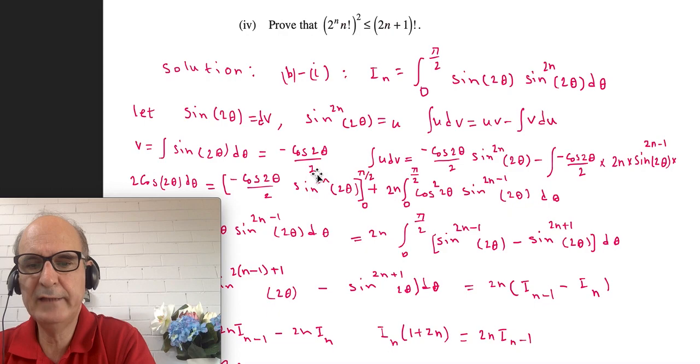Now my v is minus cos 2 theta on 2, times u, which is sine to the power of 2n of 2 theta, then minus the integral of v du. So minus, and v is minus cos 2 theta on 2, times du. If that is my u, then my du is 2n times sine to the power of 2n minus 1 of 2 theta, times 2 cos 2 theta, times d theta.